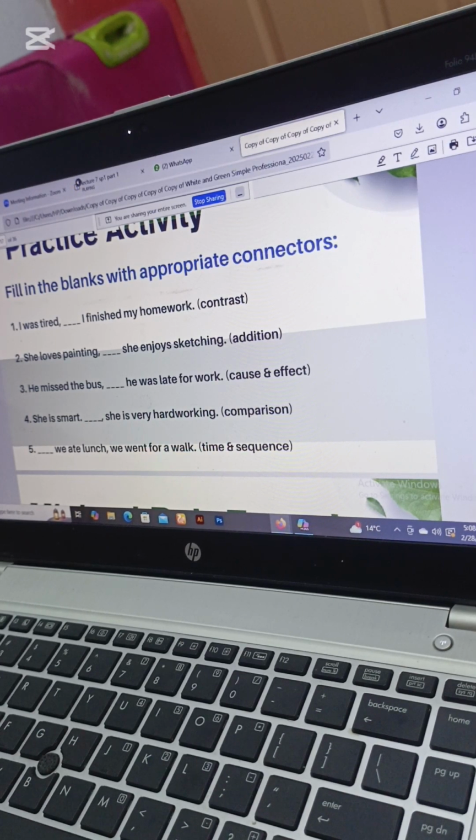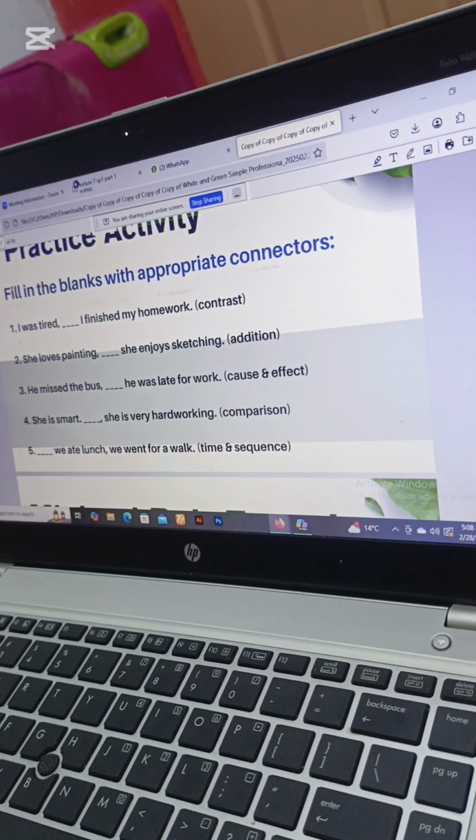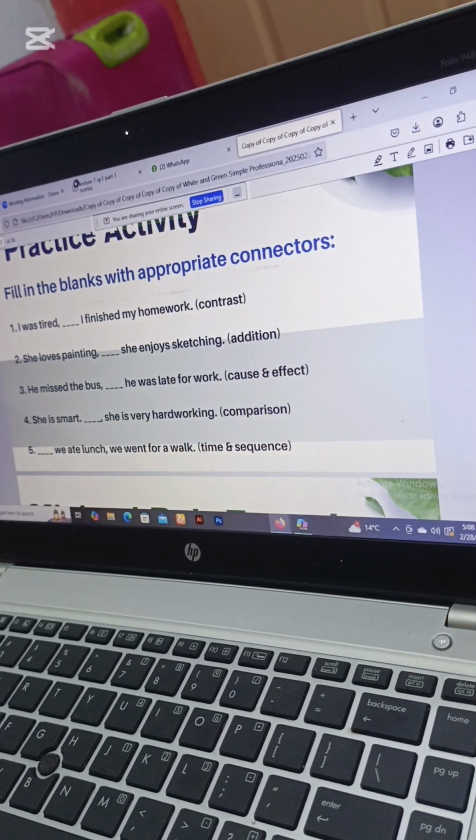She is smart. Likewise, she is very hardworking. Good. What about number five? Dash we ate lunch. We went for a walk. Let me think, ma'am. First we ate lunch. We went for a walk.